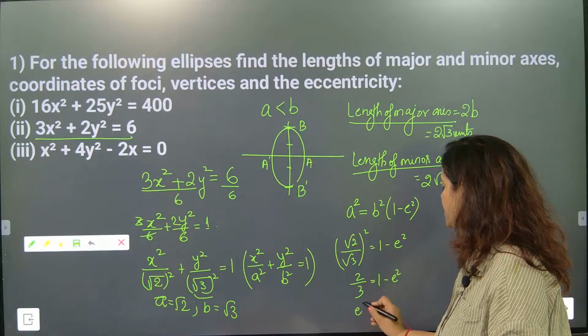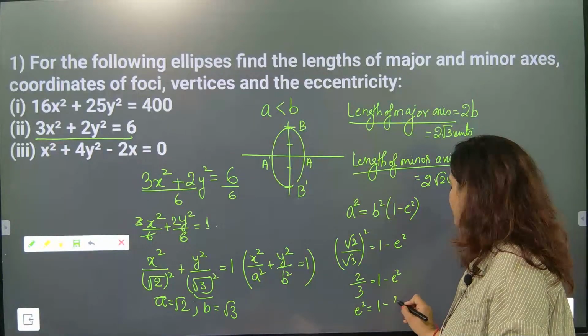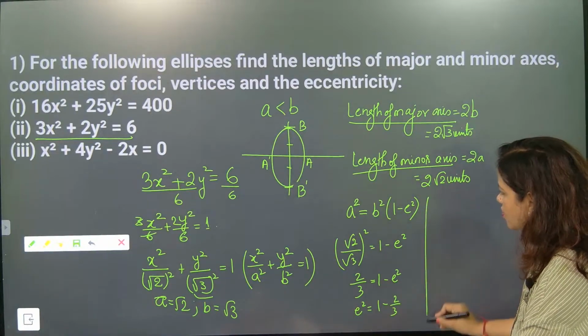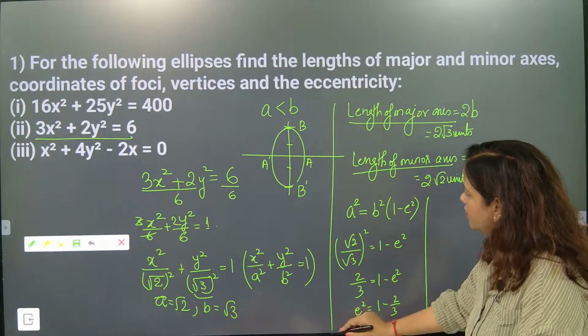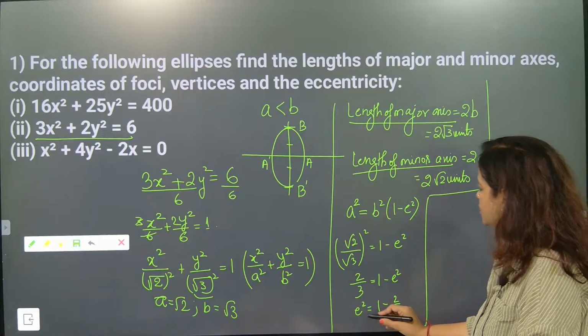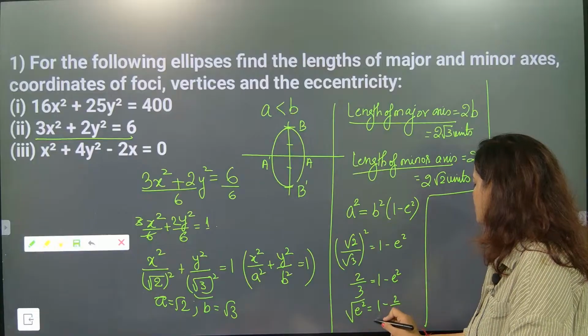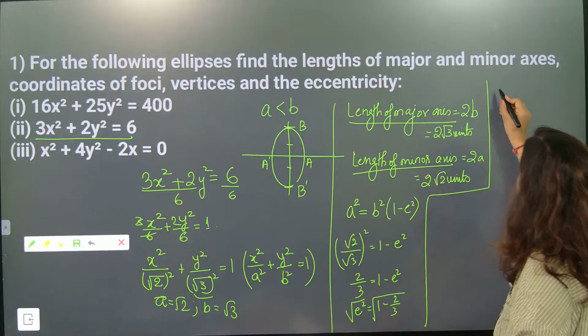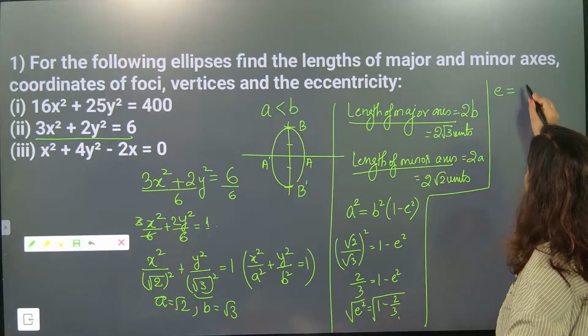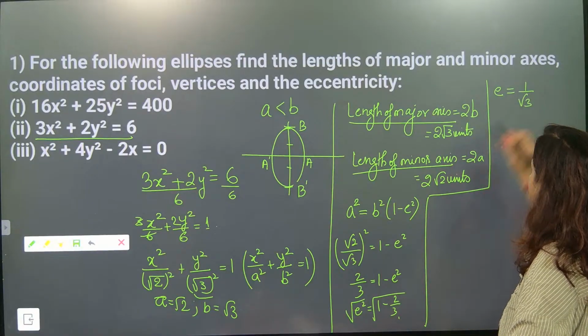Shift e that side. It is coming as 1 minus 2 by 3. So e is coming as root under 3 minus 1. That is, eccentricity is 1 by root 3.